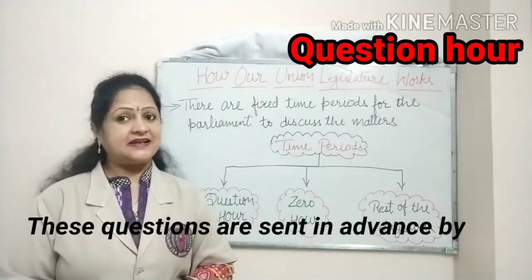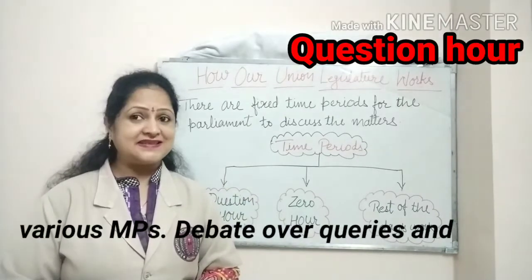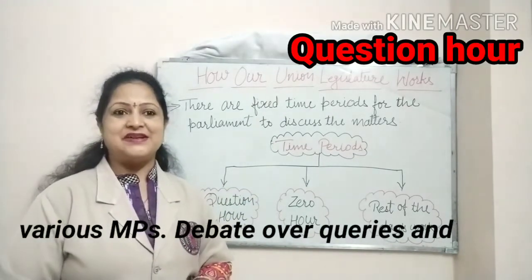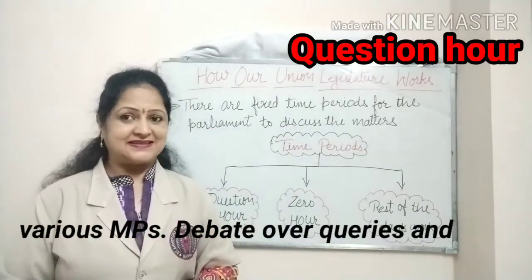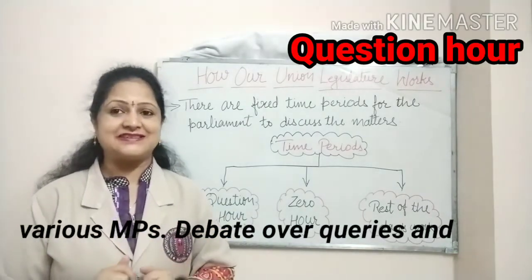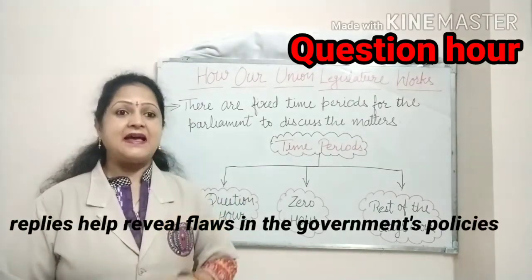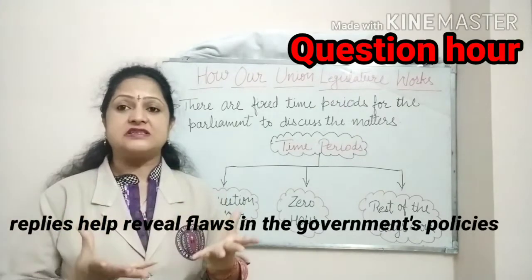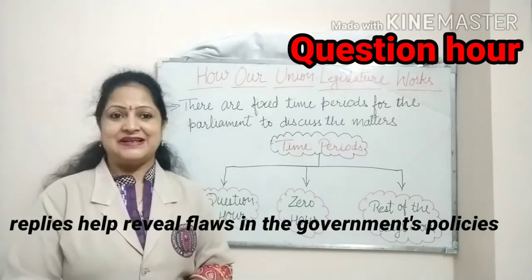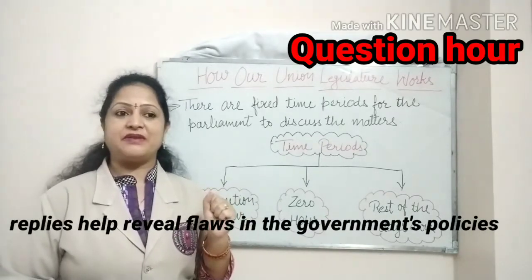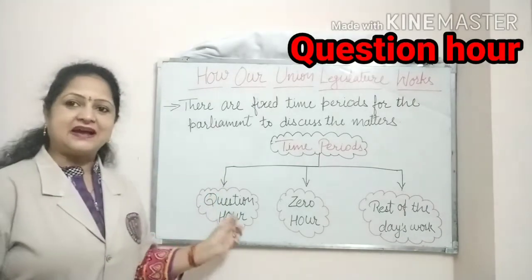These questions are sent in advance by various MPs. MPs means members of parliament. So debates over queries, queries meaning questions here, and replies help reveal flaws. Flaws means the faults or weakness. So flaws in the government's policies. So this is our first hour, question hour.